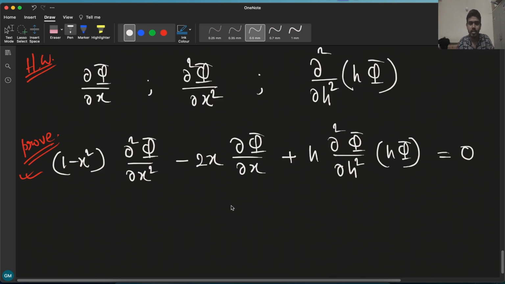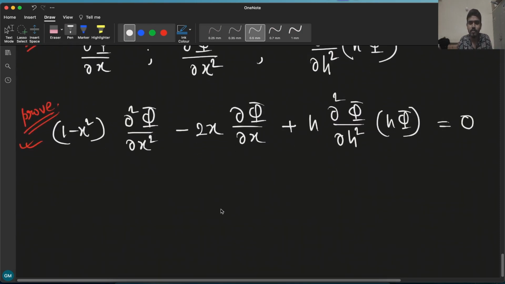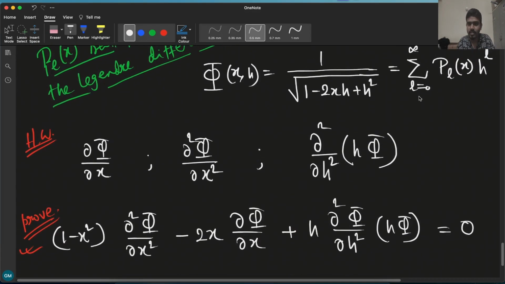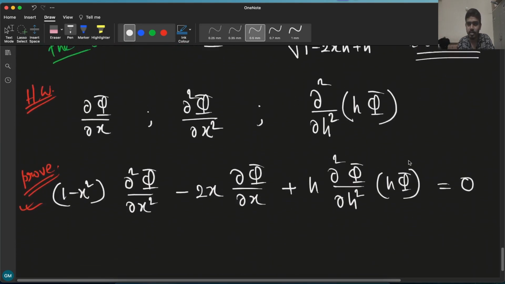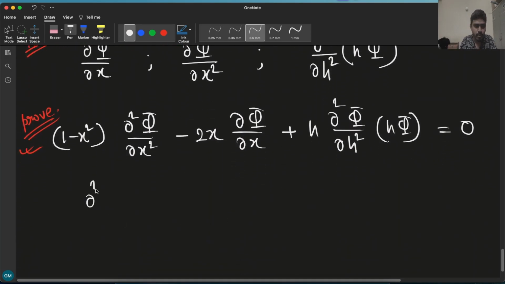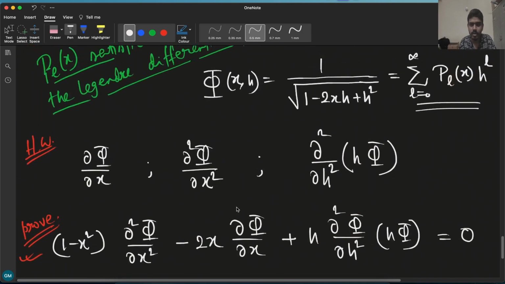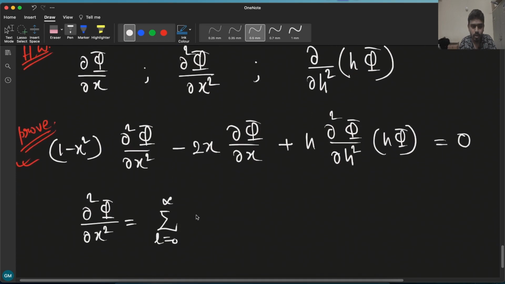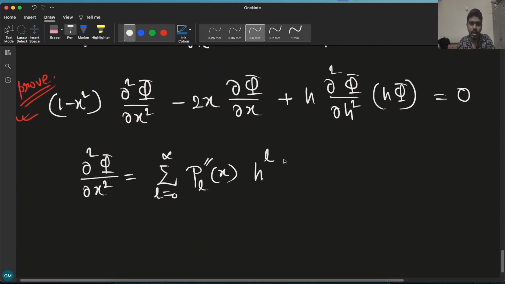Now once you have shown it, the steps after that are basically, now instead of phi I will write this expression. So del 2 phi del x2 is nothing but the sum over L equals 0 to infinity of PL double dash x h to the power L. Okay, so h will not get affected while we are doing the partial derivative with respect to x, right?